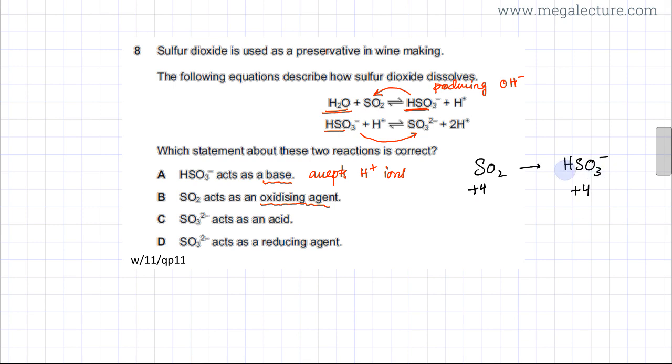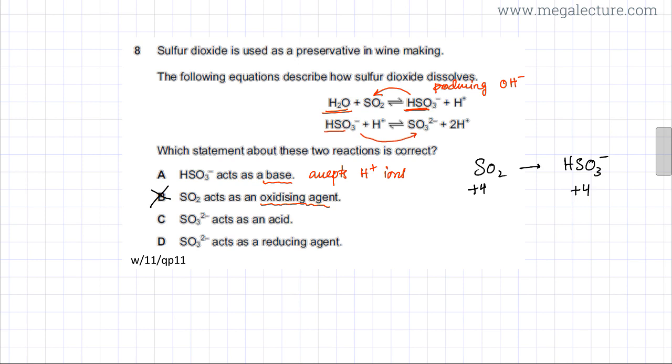Then you have 1 H, which is +1. That would give you -5. Then it has a minus charge, so S must be +4. So no oxidation or reduction is happening. The same is the case with the second equation, where in HSO3 minus there is actually no SO2, so we don't need to be concerned with that. The second statement is definitely wrong.